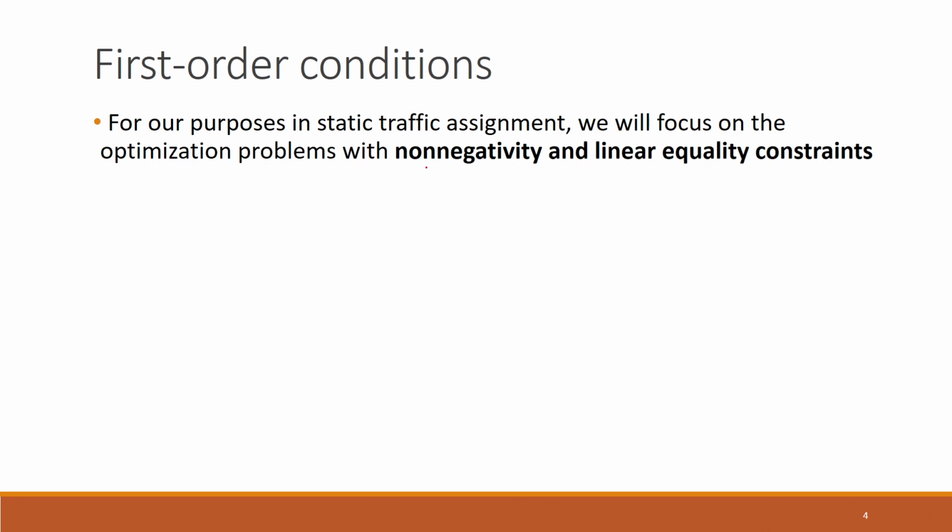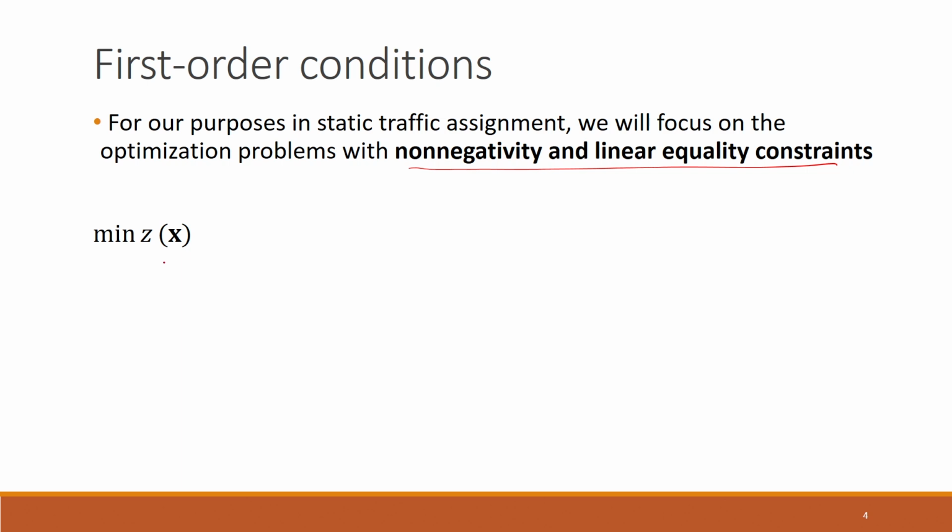They will have non-negativity and linear equality constraints. Okay. So, this is a special category of optimization class within the general category of optimization problems that we have seen until now. So, the static traffic assignment problem will be a special category of optimization problem where all the constraints are either non-negativity constraints or linear equality constraints. So, this is what we mean.